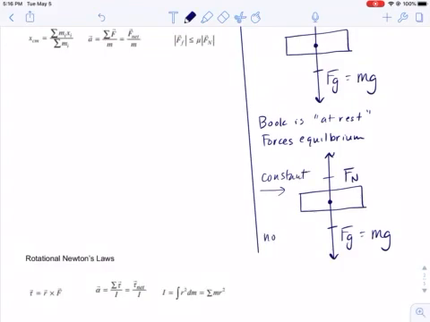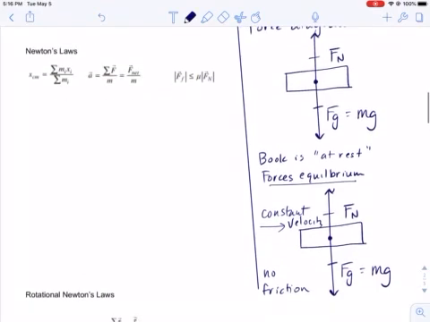If there was no friction, the force diagrams would be the same. So constant velocity also gives us the forces in equilibrium.